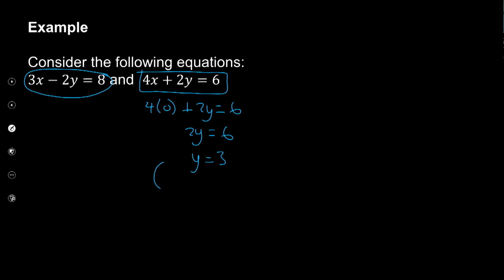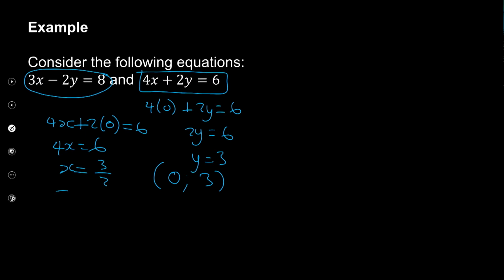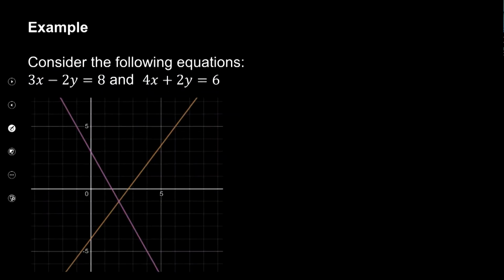So one point that I'm going to plot on the graph is 0 and 3. And then another point will be y being 0, so that becomes 4x plus 2 times 0 equals 6. This becomes 4x equals 6, and then my x becomes 3 over 2. So that's 3 over 2 and 0. So these are the 2 points that I'm going to plot in order to join them to form a straight line. So this will then look something like this, right?